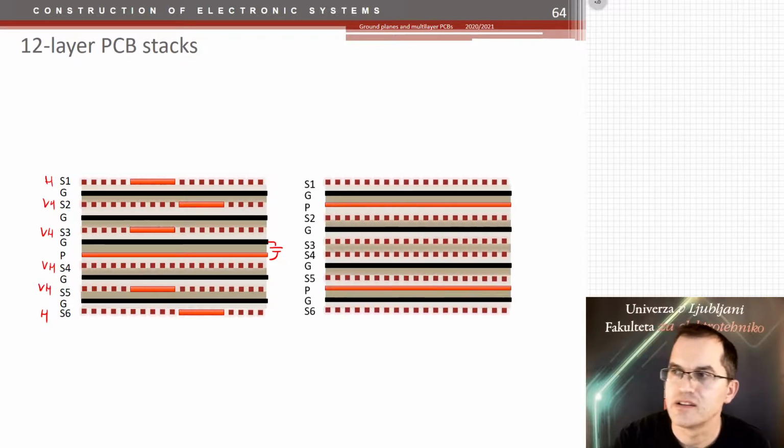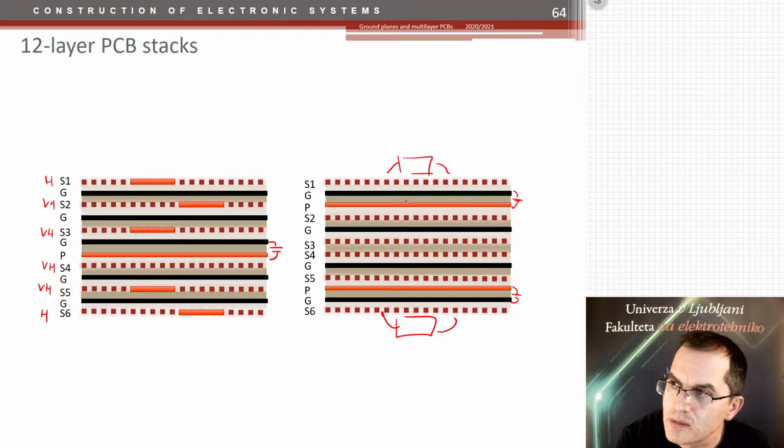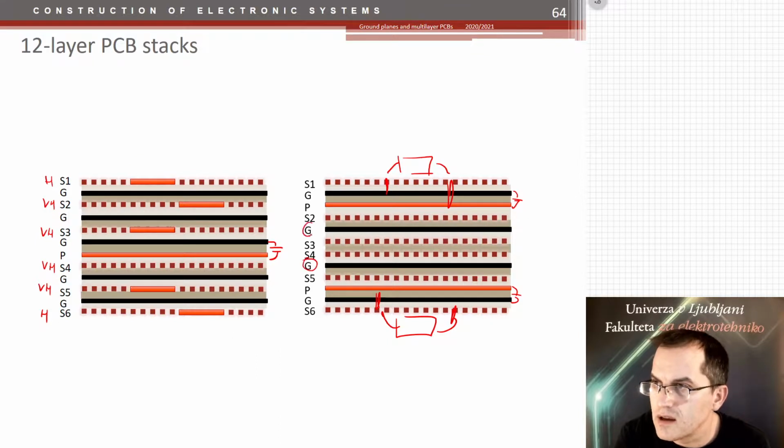Let me show you another stack which is also very good, because now the power supply and ground are close to the top and to the bottom layer, which means it's very beneficial for top layer and bottom layer components. And then you have one ground still here and here.